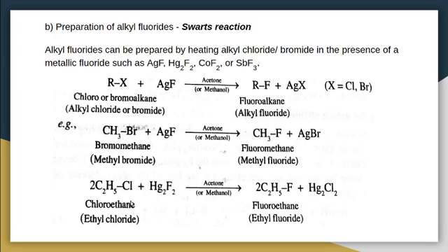Similarly, chloroethane on treating with mercurous fluoride gives fluoroethane and mercurous chloride. So these are the two important preparation methods of alkyl iodides and alkyl fluorides. One is the Finkelstein reaction for alkyl iodides, and the other is the Swarts reaction for alkyl fluorides.